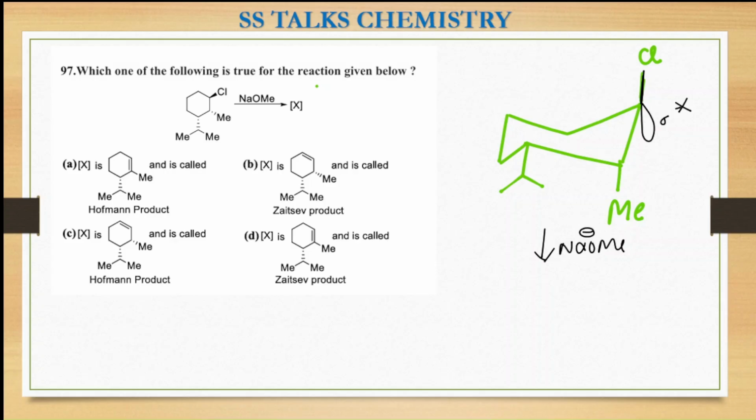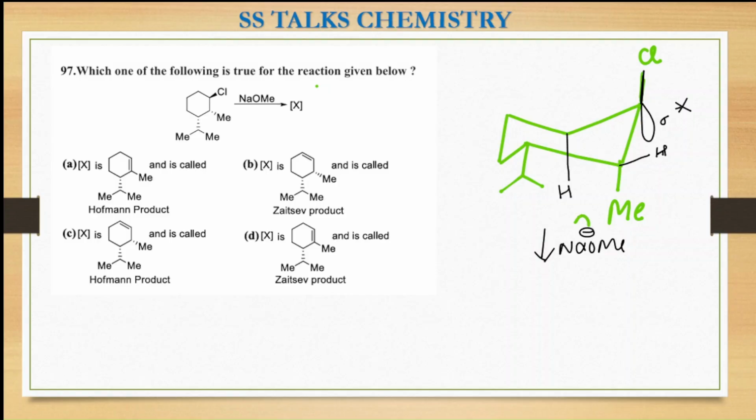We want the hydrogen atom to be at the anti-periplanar position to it. The carbon center on which this methyl group it is present, on this side the hydrogen atom it will be present, that is not in the anti-periplanar position to this Cl group. So we will be looking upon to this carbon center, and here this hydrogen atom that is present, this is gonna be in the anti-periplanar position to this Cl group.